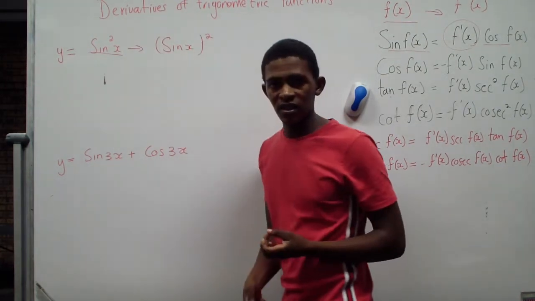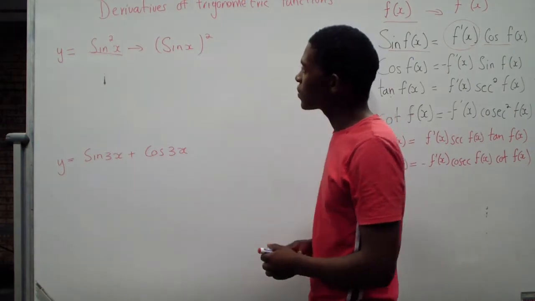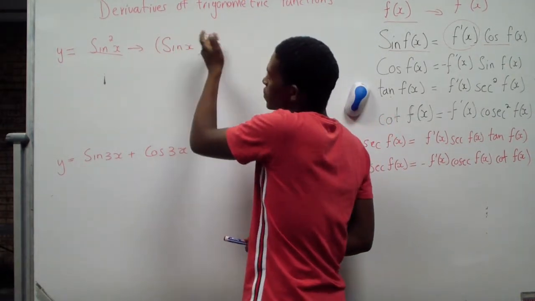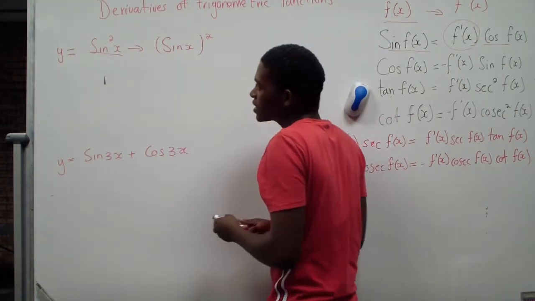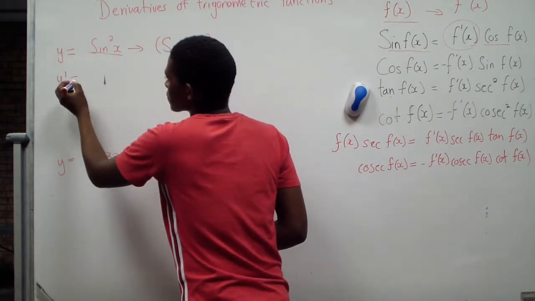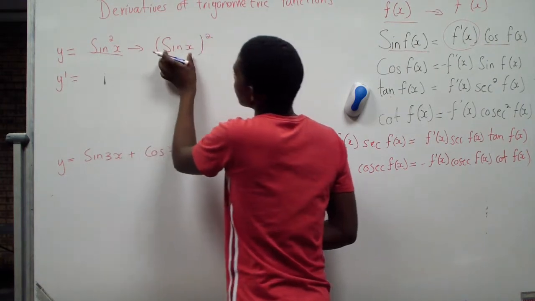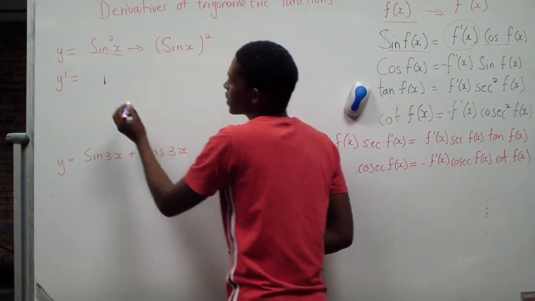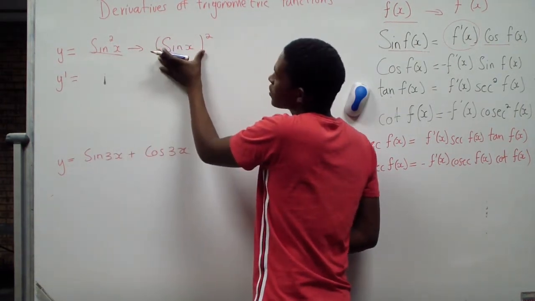So now, in our case, we are having sine x squared. To derive this, I will first derive my outer part.